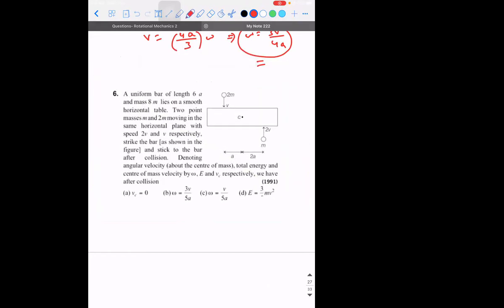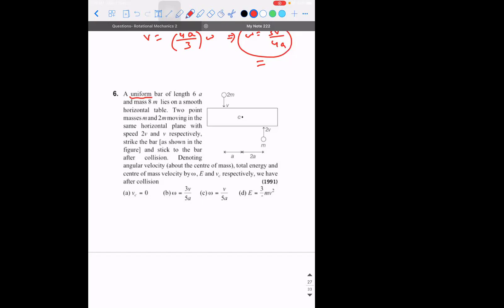So there is a uniform bar, means it has mass, of length 6a and mass 8m, lies on a smooth horizontal table. 2 point masses m and 2m moving in the same horizontal plane with speed 2v and v respectively strike the bar as shown in the figure and stick to the bar after collision.